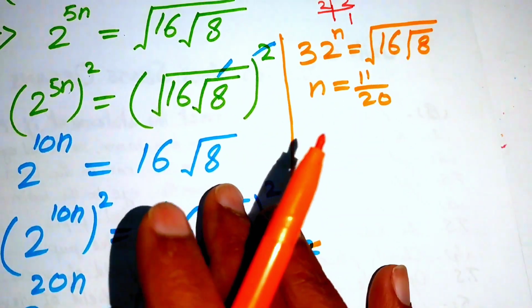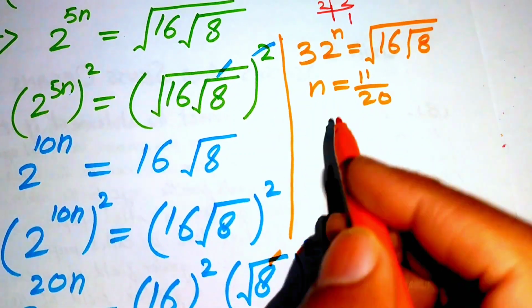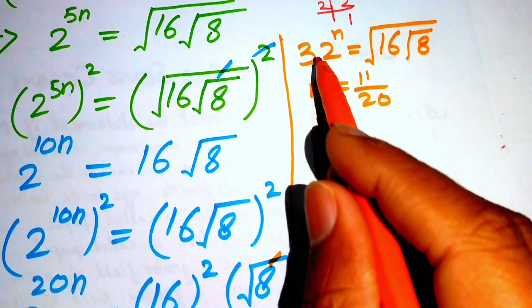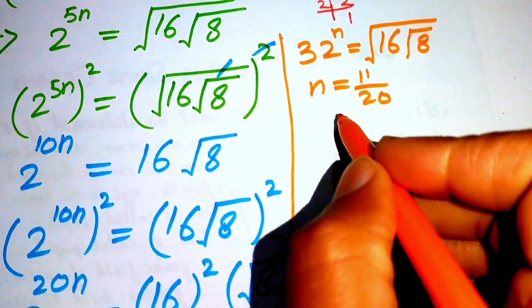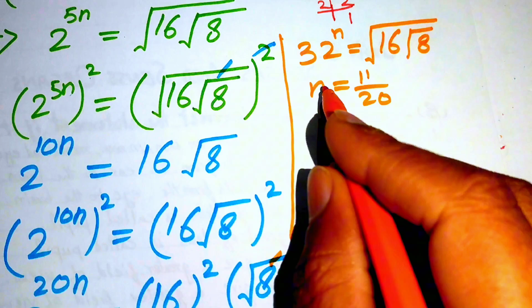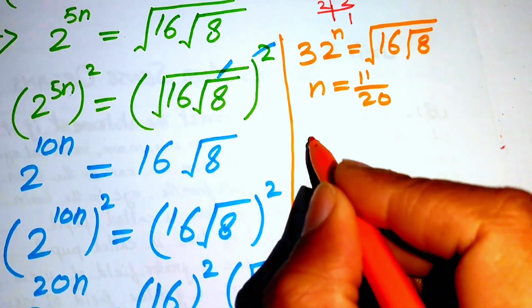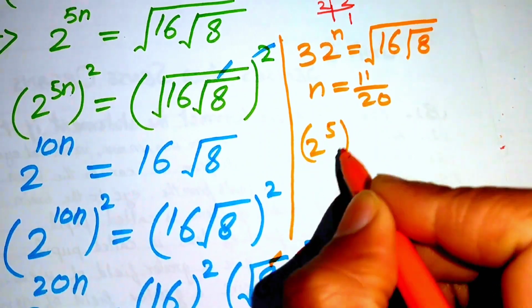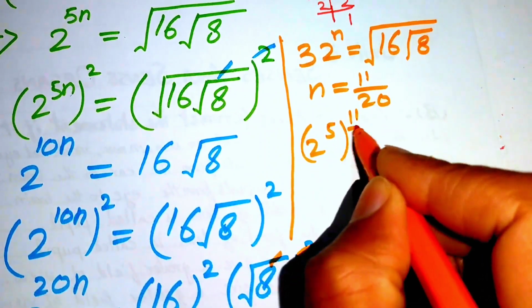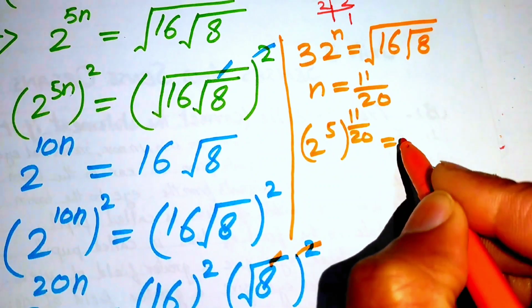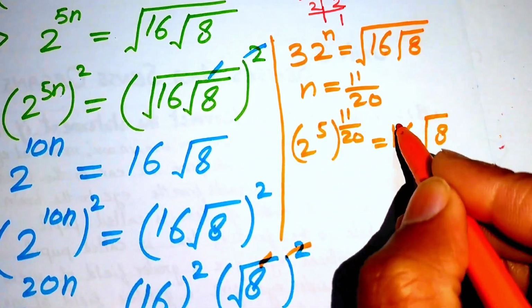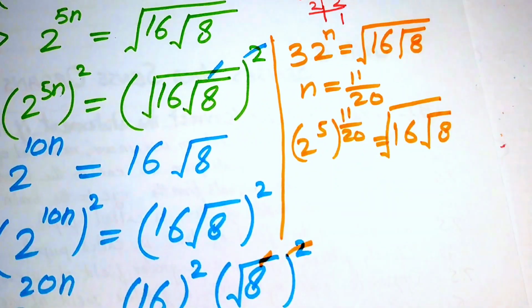So here we put the value of n in the left hand side, and you see that we already make the prime factors of 32 are 2 to the power of 5. So we write it as 2 to the power of 5 and its whole power 11 over 20 equals 16 times square root of 8 and its whole square root.